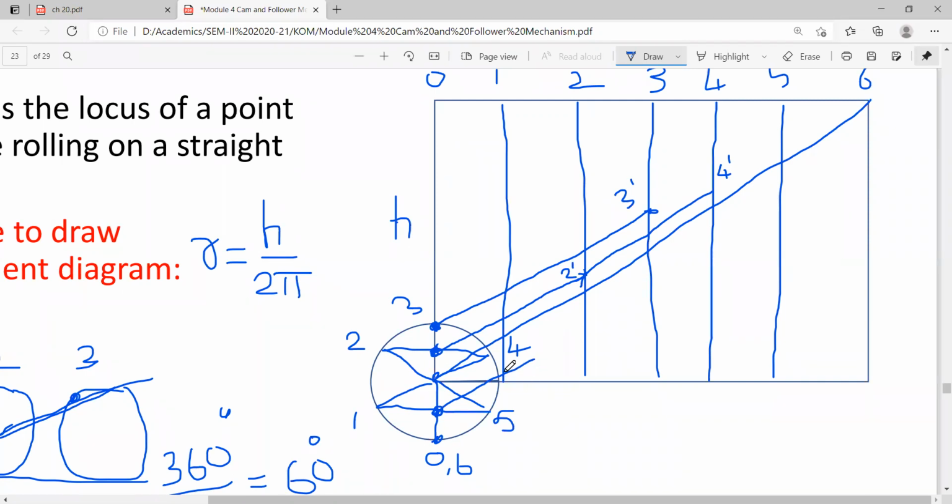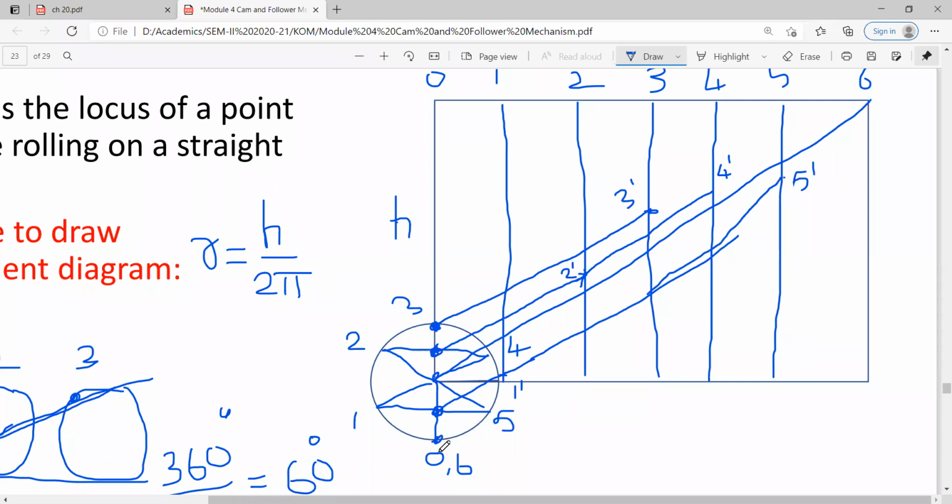So 1 is cut here, so we get the point 1 dash, and from here the line has to be taken up to 5. Okay, so you will get the point somewhere here, and no doubt if you draw with a scale, this point will appear higher than 4.